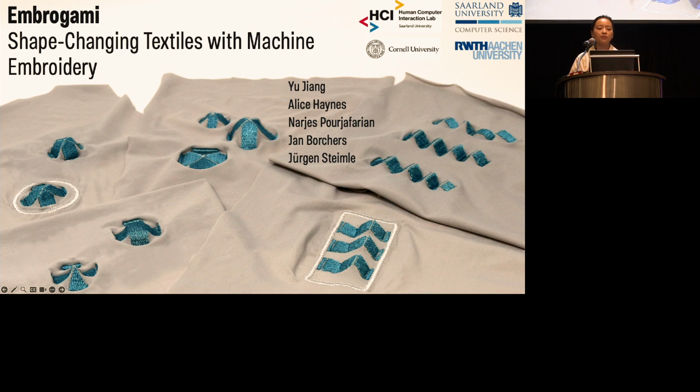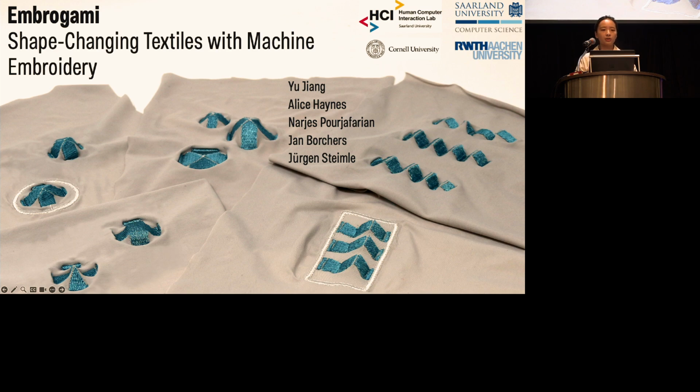So I think one of the benefits of Embrogami is that it's compatible with all the machine embroidery things that you can do. For example, changing the color of a thread, or if you want to embroider more complex patterns on top of the patches, you can do that. And we did consider how different designs can affect the shape-changing behavior of Embrogami structures.